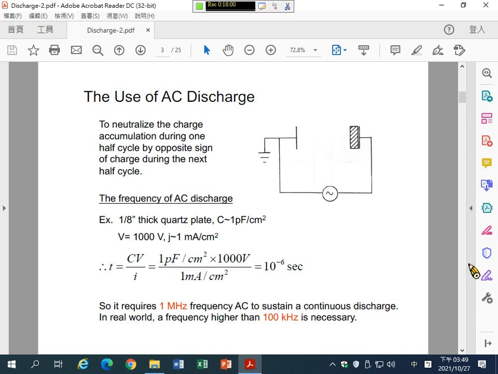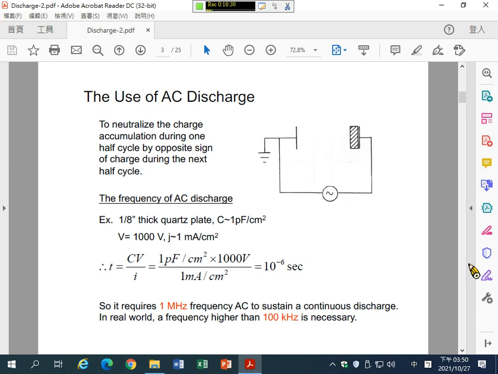Positive, negative, 60 cycles. Okay, but in industry, in order to generate a continuous plasma by using the RF power supply, the frequency of the AC or frequency of the RF must be around the megahertz range. Okay, so in Chapman's book, he gave us an example.